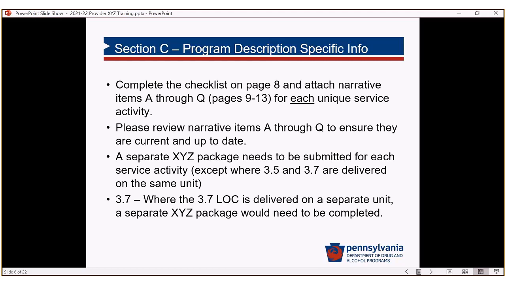So you first go through and you check the services that you're requesting a rate for, and then you want to go through the narrative items that are lettered A through Q under the service activity description, where we're asking you to talk about the target population that you serve, your admission criteria, specialty services that you offer, how you go through the psychosocial history process, the type of treatment activities that you offer.